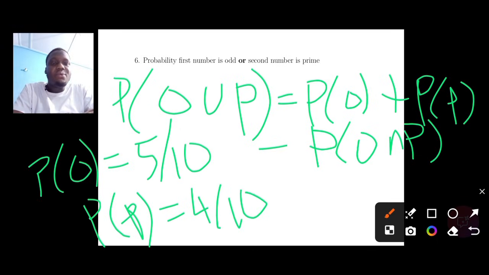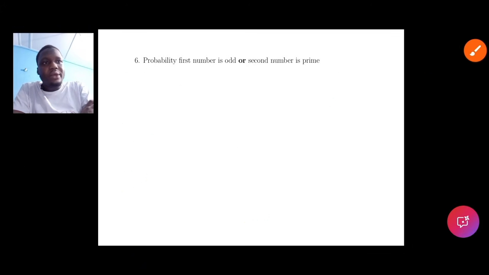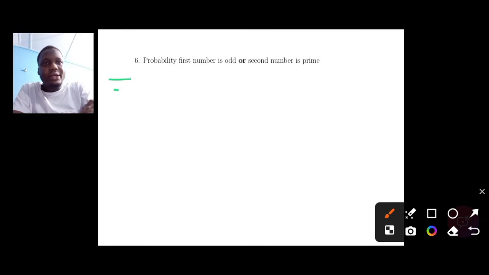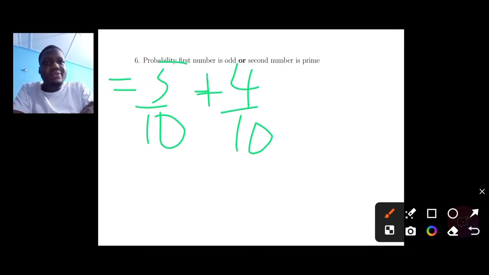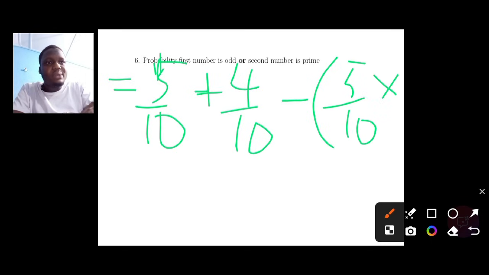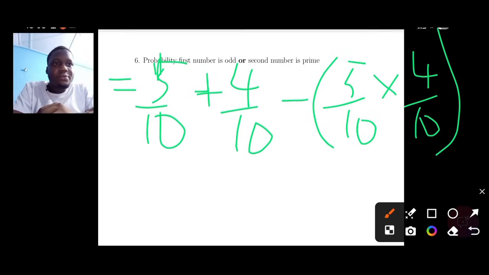So once you have this, you are almost done. Okay. So the final probability is 5/10 for odd plus 4/10, because the first one doesn't depend on the second one, minus 5/10 times 4/10.